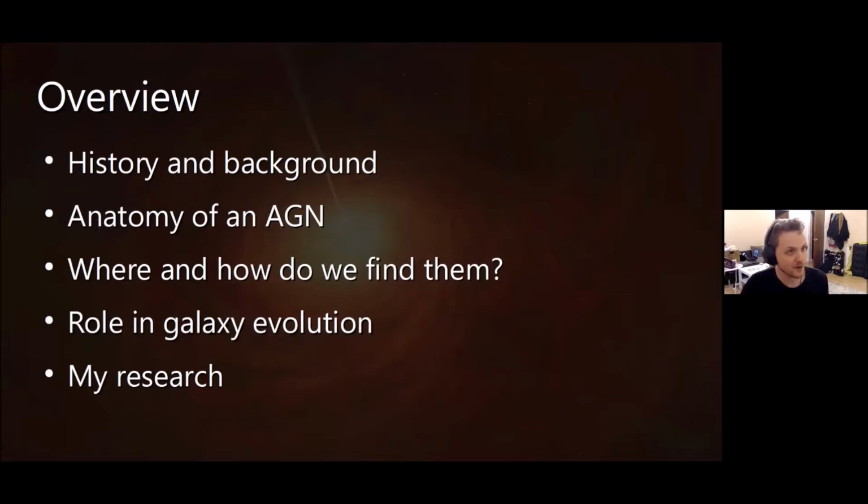This is very much about what recent research on them, where we are with that. And then also after that, a bit about their role in galaxy evolution. They are a somewhat debated role. Some people think they are very important, other people think they are not very important. I think they're very important, but there's a bit of debate about that. And then finally, just a tiny bit about my research.